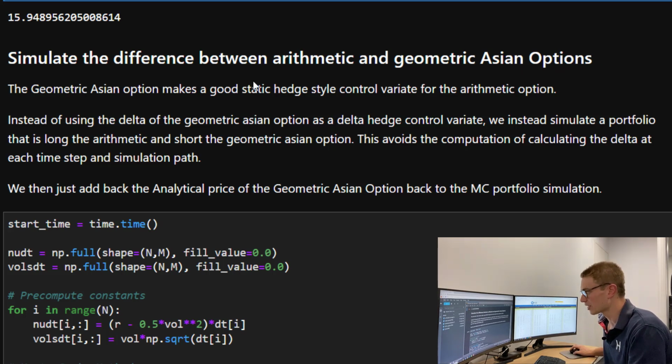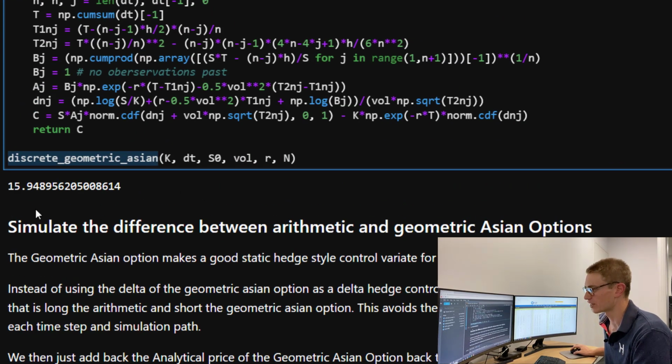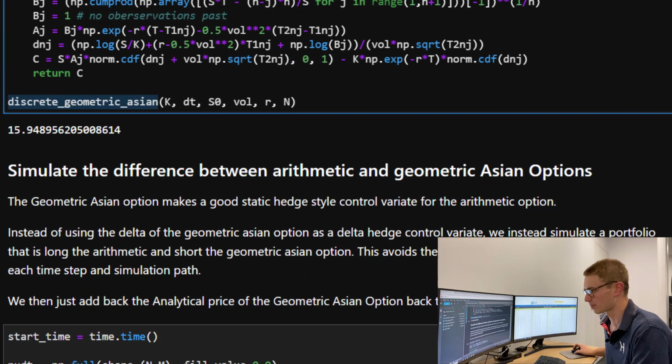This is a very good static hedge for the arithmetic option, and instead of computing the delta at each time period, which would increase computation, we're going to simulate this portfolio that's long the arithmetic option and short the geometric Asian option. Then at the end, when we've computed the discounted expectation of the price, all we need to do is add back the analytical solution of the geometric Asian option price to our Monte Carlo portfolio simulation.